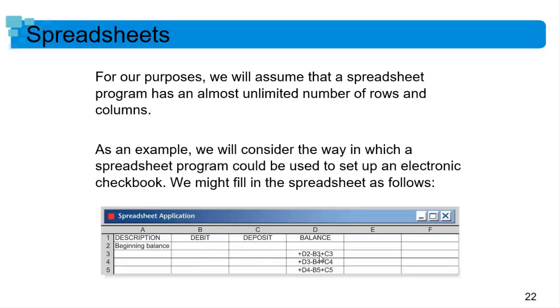So it's basically taking the number above it and adding whatever's next to it, subtracting whatever is next to that. Because you can see this one here is going to equal D3, which is the number above it, minus B4 and plus C4. So you kind of think of what kind of daily debit or deposit, debit or credit do I have each day, and what's my new balance.